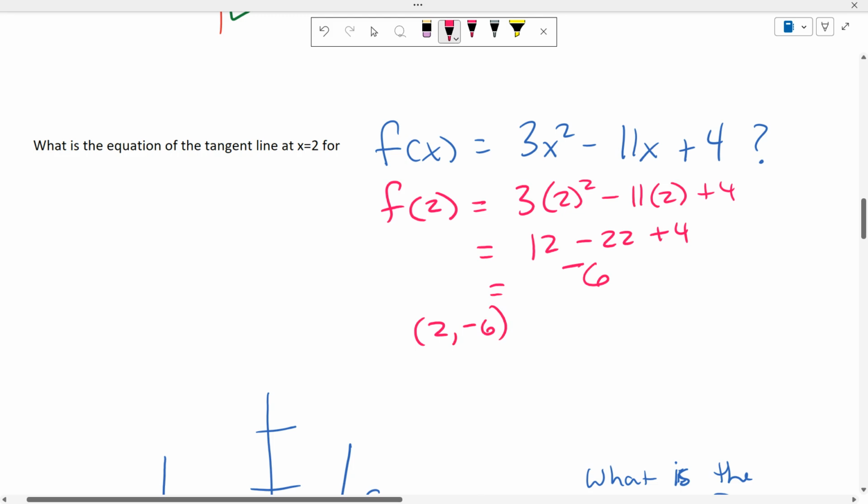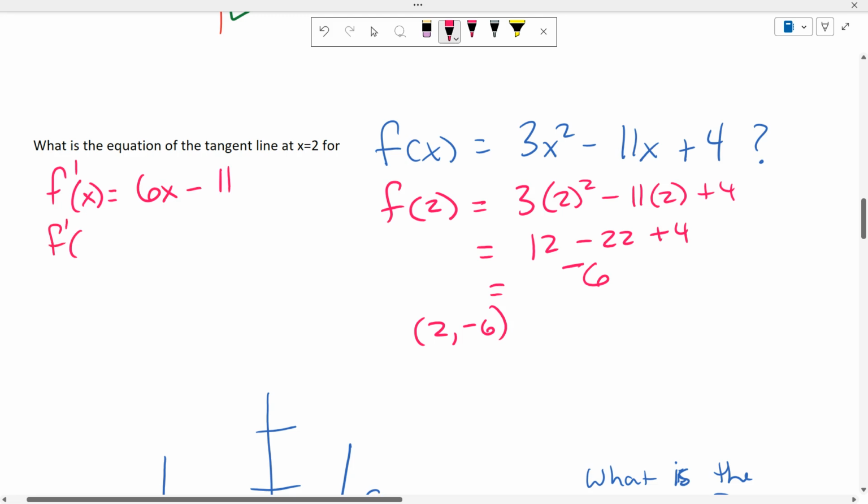Then we need to find the slope. How do we find the slope? Find the first derivative at 2. First of all, we should find the first derivative. First derivative of that is what? 6x minus 11 using the power rule.